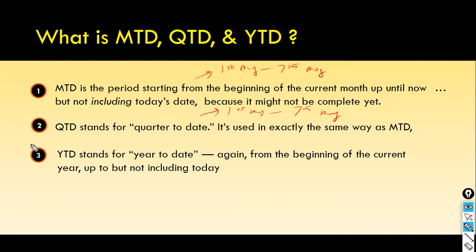Supposing you are in Jan, Feb, March, that is the first quarter, then April, May, June is your second quarter. Let's say you are on May 28th, and somebody is asking you to give the quarter to date for that quarter.